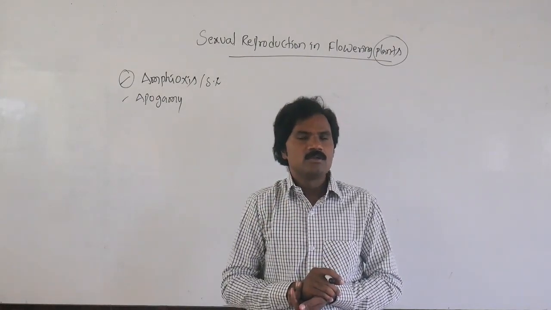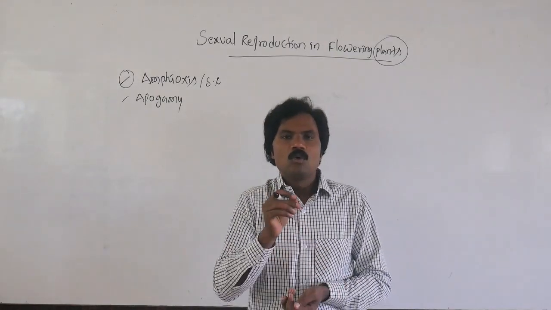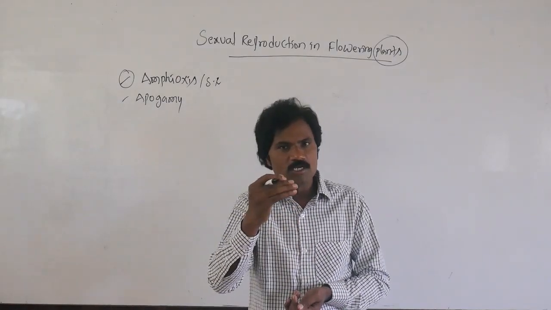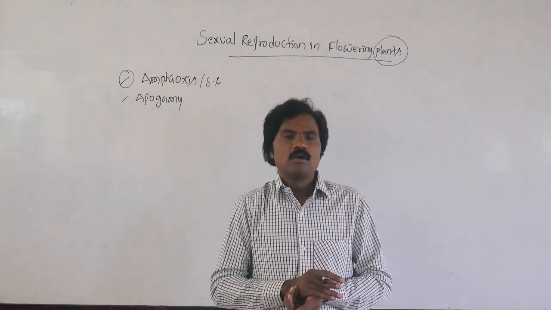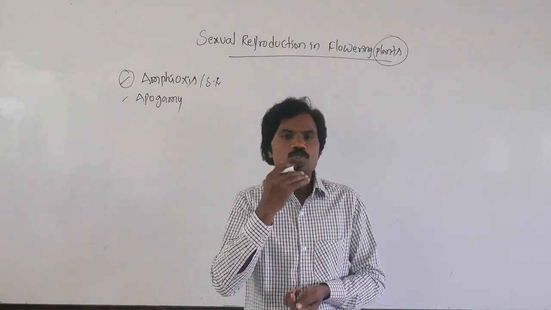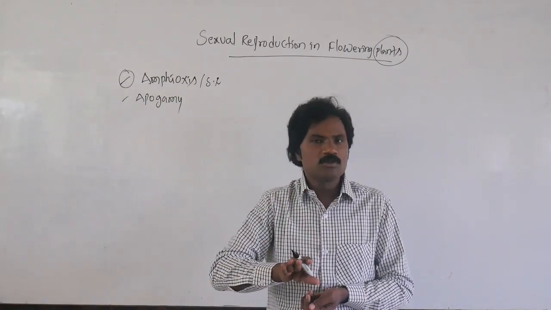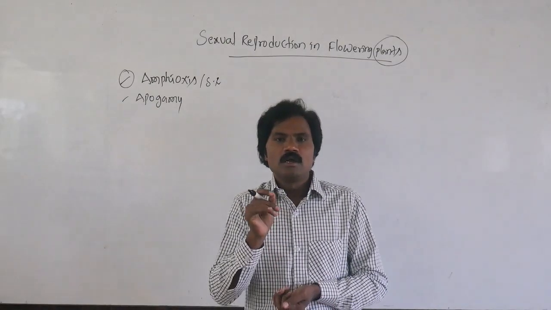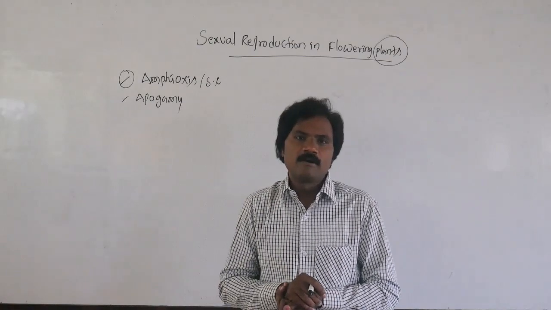You already studied the different parts of a plant: the root system as well as the shoot system, two segregated systems. In the shoot system, the stem, leaves and branches are present. Now, what is the sexual part of a plant?